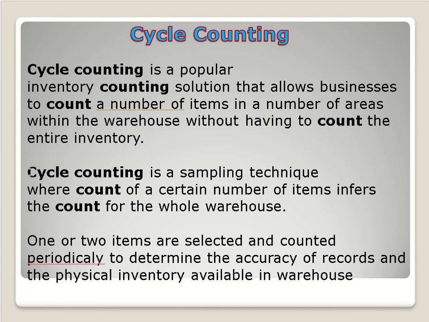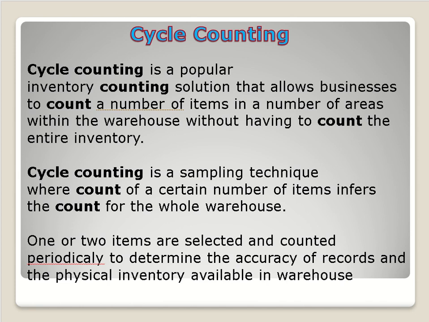So one approach of doing this is as a sampling technique. Cycle counting is a sampling technique where count of a certain number of items infers the count for the whole warehouse. So this is one particular approach. One or two items are selected and counted periodically to determine the accuracy of records and the physical inventory available in the warehouse.